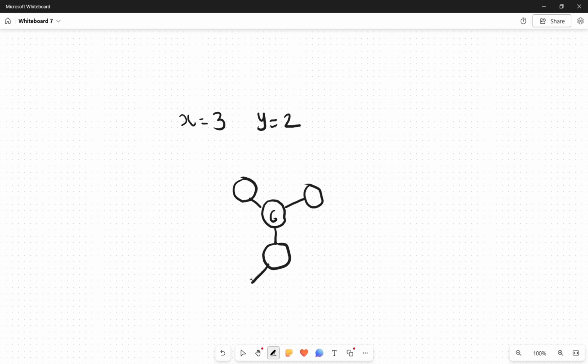Suppose this is our central node, and x is equal to 3 and y is equal to 2. So it will be like this.